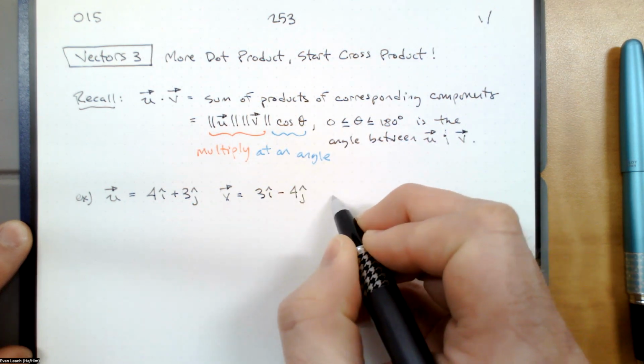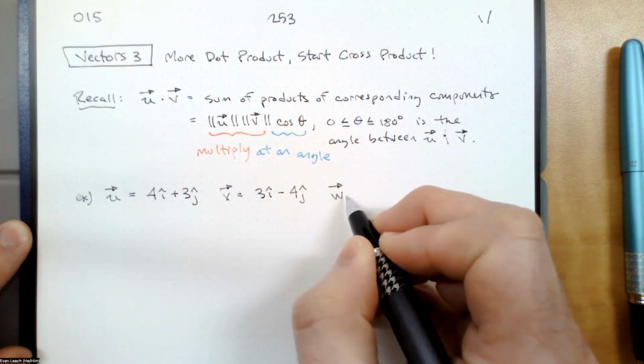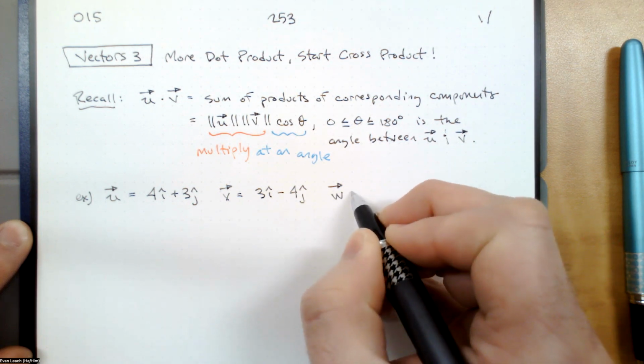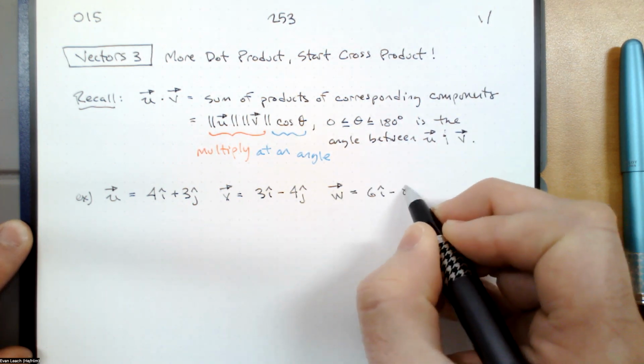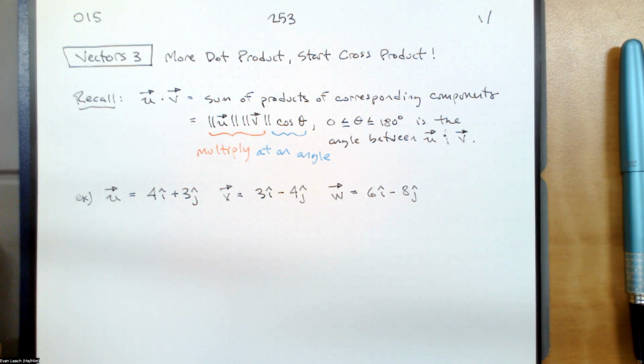And the vector w was actually double v, because that's how we write it. And it was 6i. I think it was the other way around now that I'm writing it.